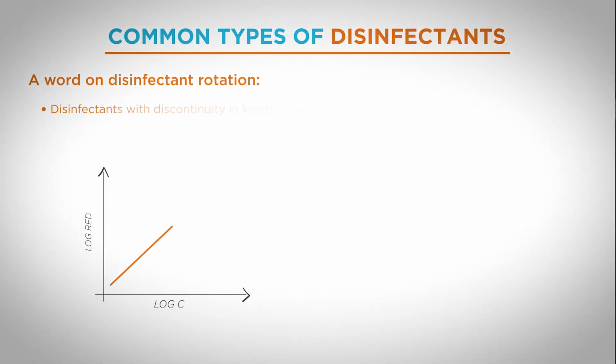Another reason to rotate the disinfectant is if one is using a disinfectant that doesn't have a continual relationship between concentration and contact time, meaning that no matter how high a concentration of disinfectant we're using, we're not able to inactivate certain types of microorganisms. A good case in point is bacterial endospores.